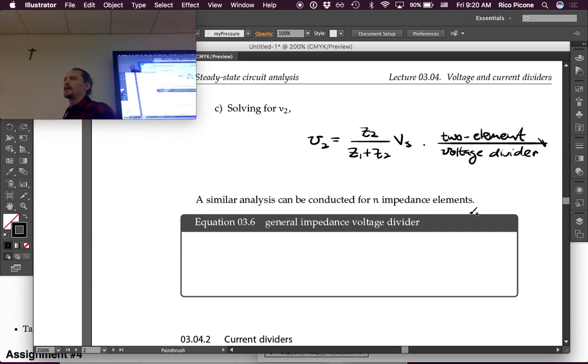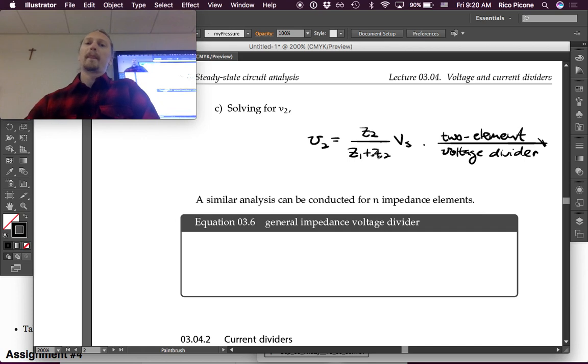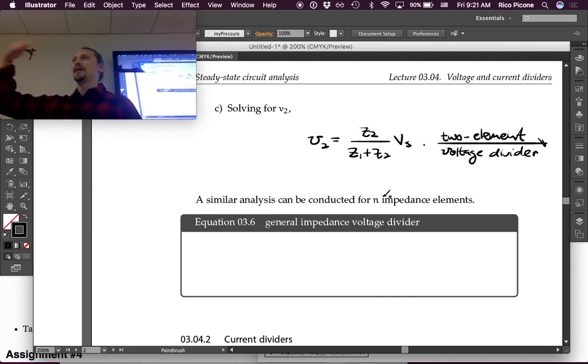It tells us what the output voltage V2 is in terms of Vs, and notice that it's the same exact thing as the resistor voltage divider. You put in the impedance of element 2 divided by the sum of the impedances. Same thing, except instead of resistance, you put in whatever the element's impedance is.